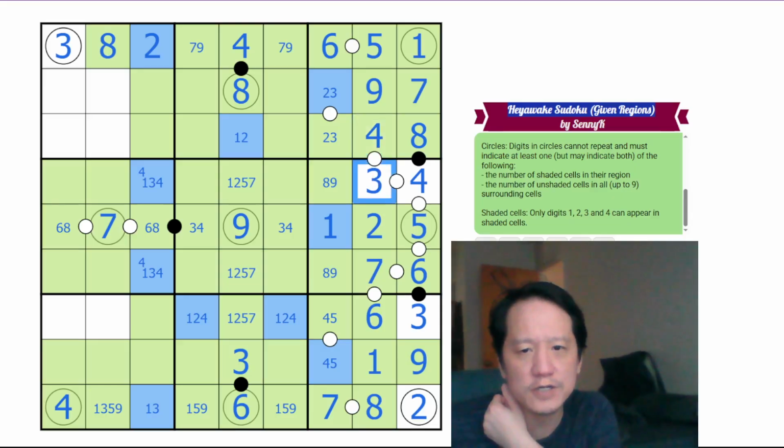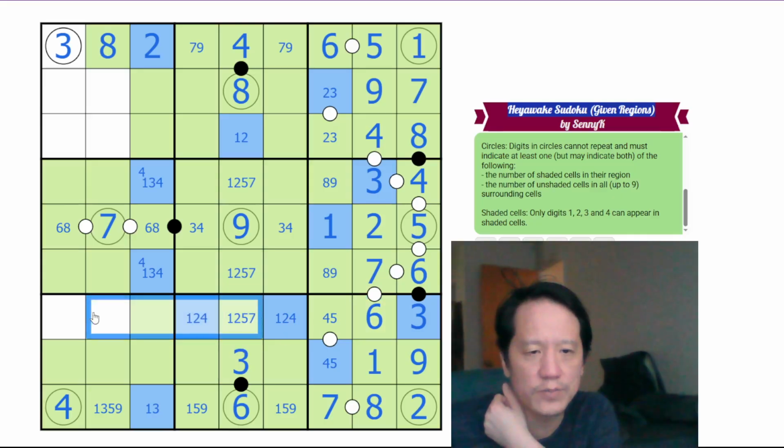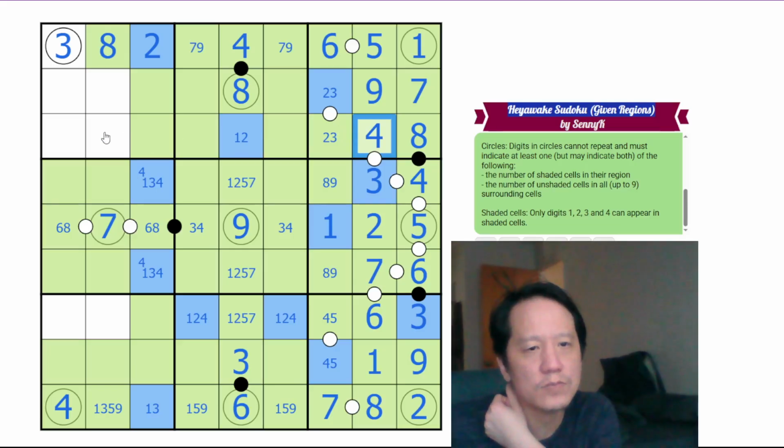Cannot be unshaded here, so this is shaded, which makes this unshaded here. This goes through 1 border, cannot go through 2, so this is shaded. We have 2 shaded cells in the region, so this is unshaded there. You could have 3 unshaded cells here.